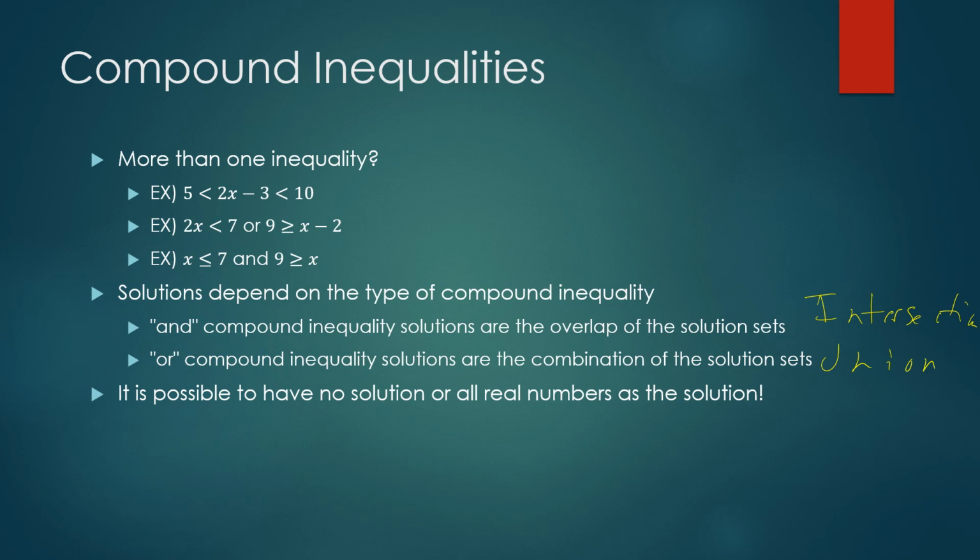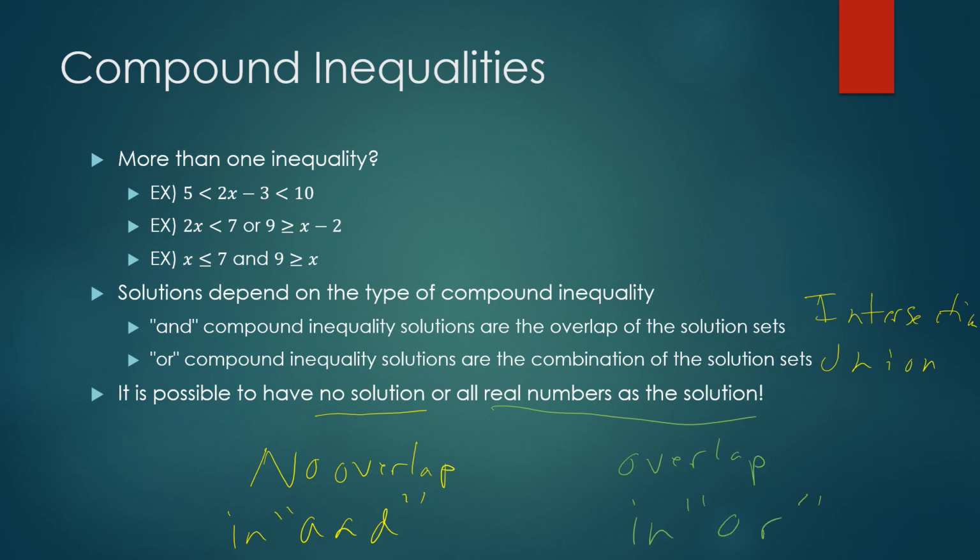That's why it's possible to have no solution if there's no overlap in an and, and it could be all real numbers if there is overlap in an or. What we'll do now is we'll practice one and one or inequality.